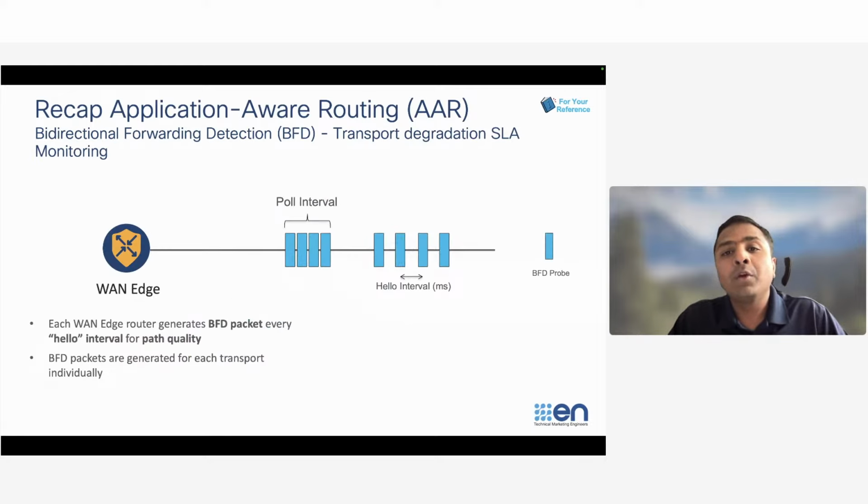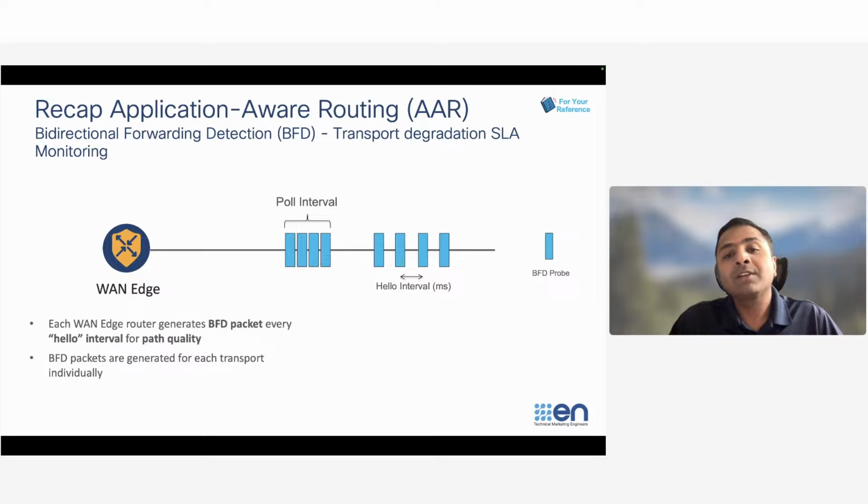The way we do this is by using bidirectional forwarding detection in our solution. On an SD-WAN edge, we send these BFD probes every hello interval. A hello interval could be like 1,000 milliseconds. These packets monitor the path loss, latency, and jitter that's happening on the network.